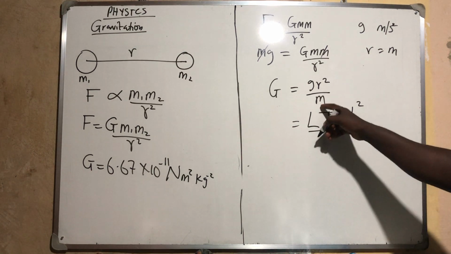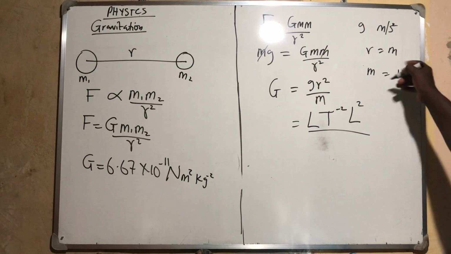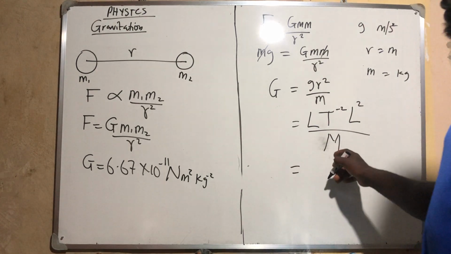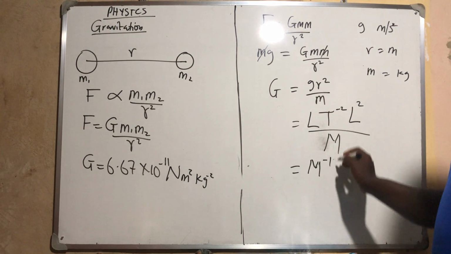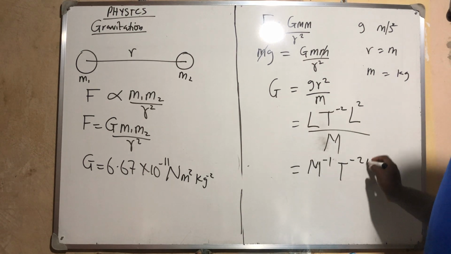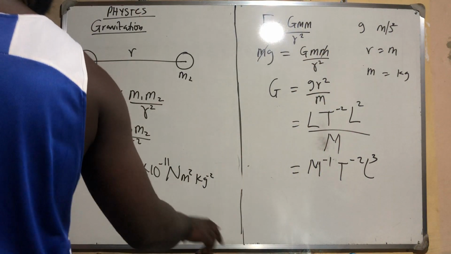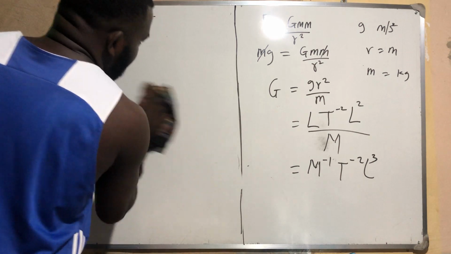All over this M, which is mass, and mass is measured in kg, which is capital letter M for dimension. So if you bring this one up, you have M raised to power -1, then T raised to power -2, then L, 2 plus 1 is 3, L raised to power 3. So this is the dimension of G, the gravitational constant.